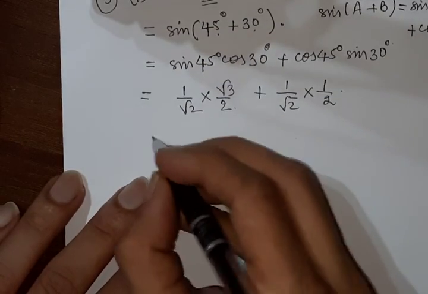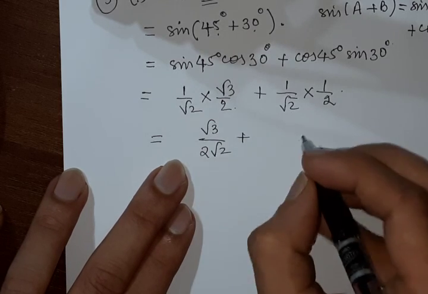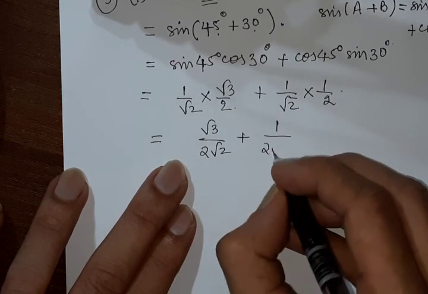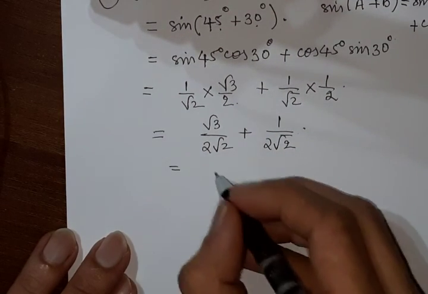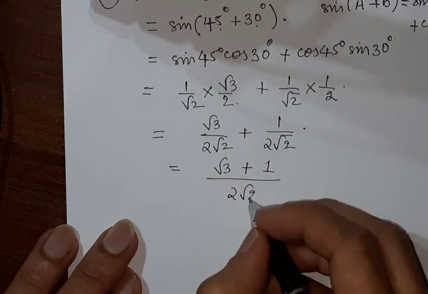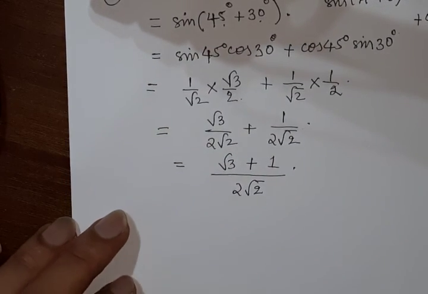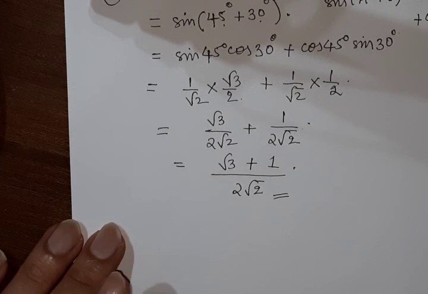So this is what? This is root 3 by 2 root 2 plus 1 by 2 root 2. Now which is equal to what? Root 3 plus 1 divided by 2 root 2. So this is the answer for the first problem.